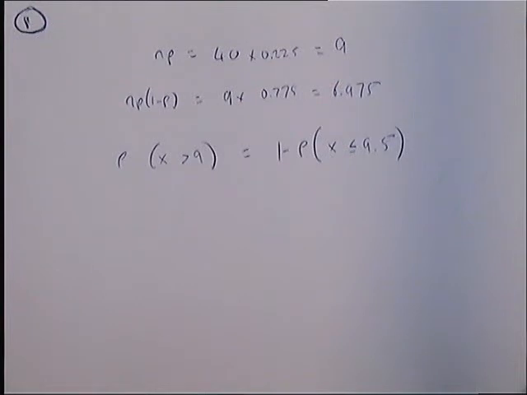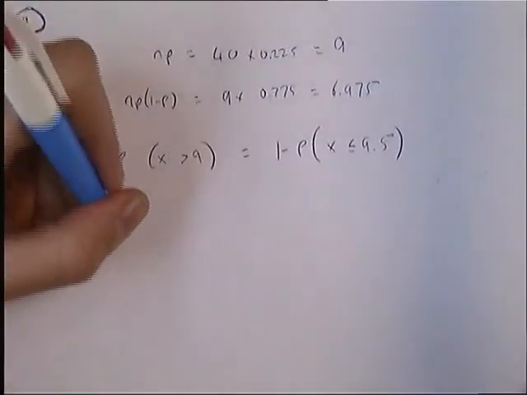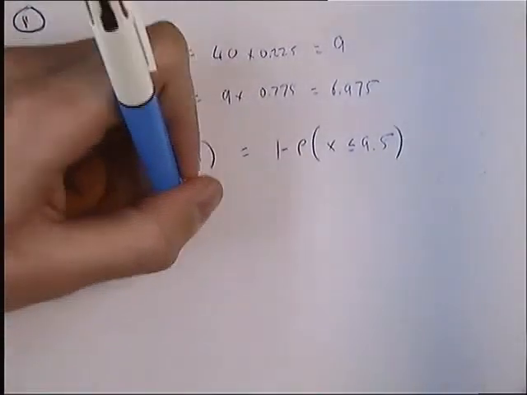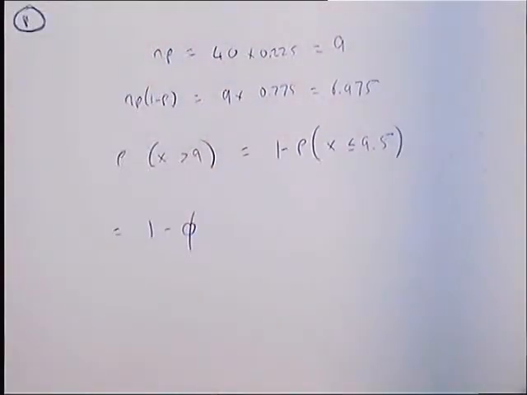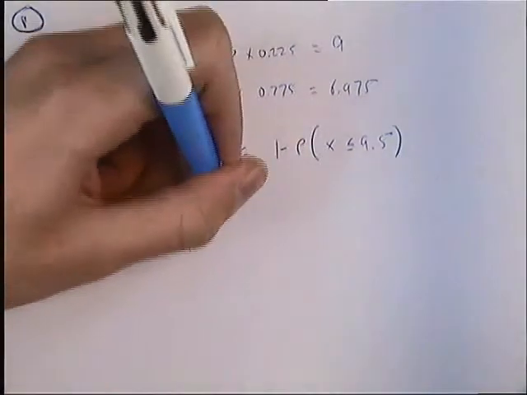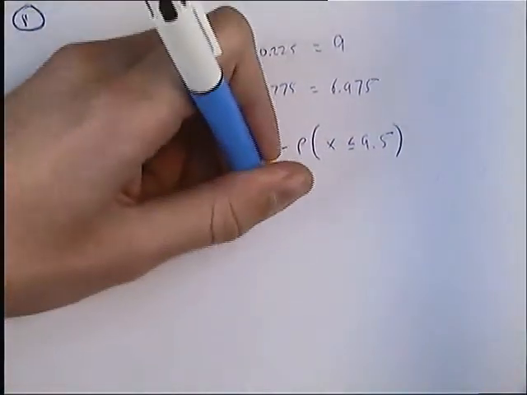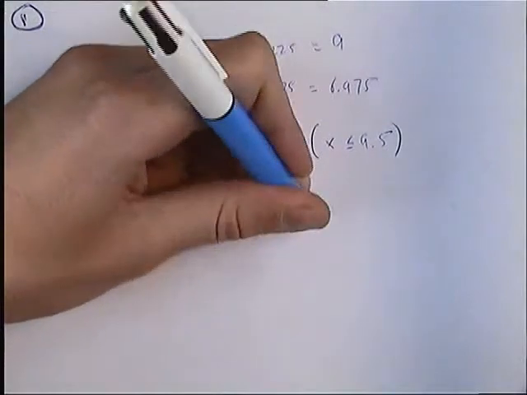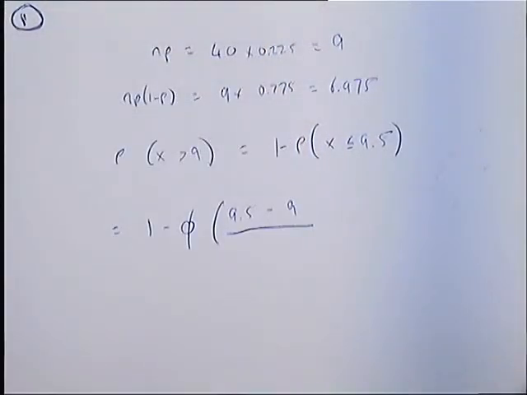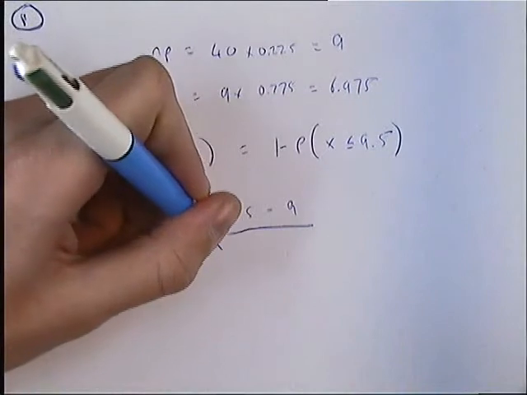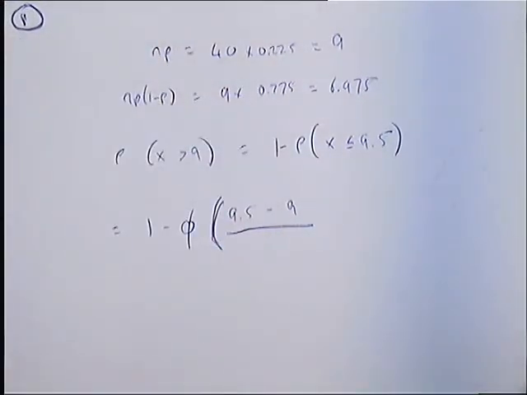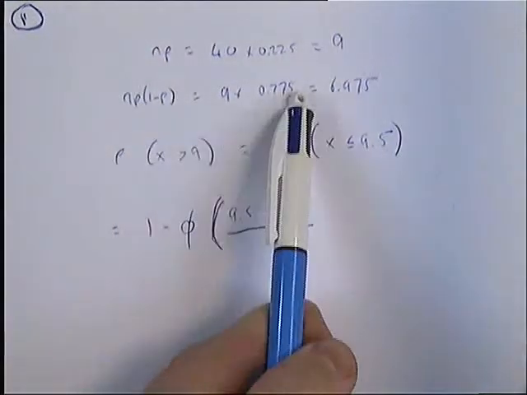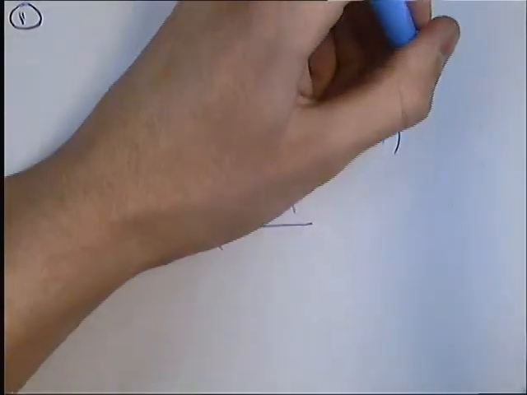Yeah, that's right. And then, knowing that, that is equal to 1 minus phi of 9.5 minus the mean, which is 9, and then divide that by the square root of, well, I think that was going to be sigma squared. Yeah, that's the variance up there. That's the variance. Yep.